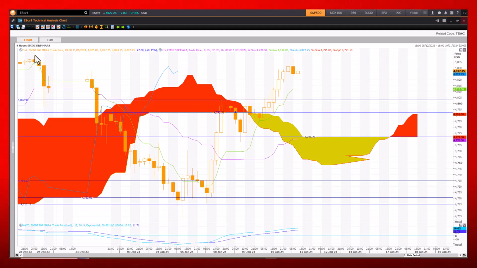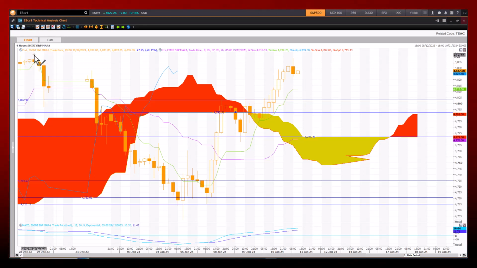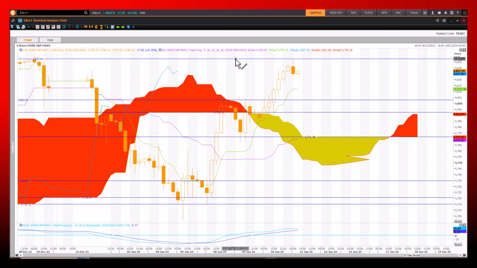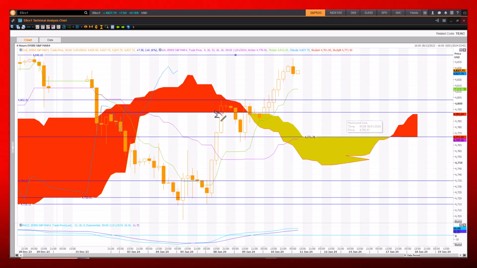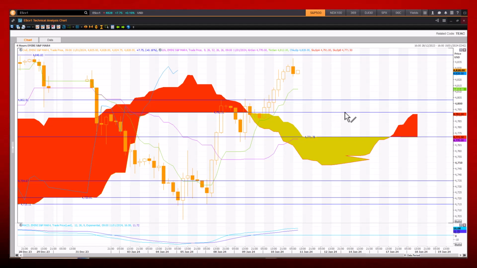If those resistance levels from the old highs come back into play, we could see a consolidation back to retest this 4,800 zone, and then this 4,792 support zone. This is a significant resistance zone, which should now act as a support zone at that level.